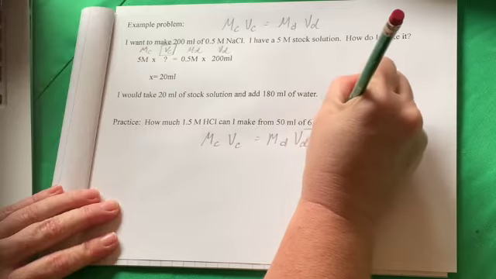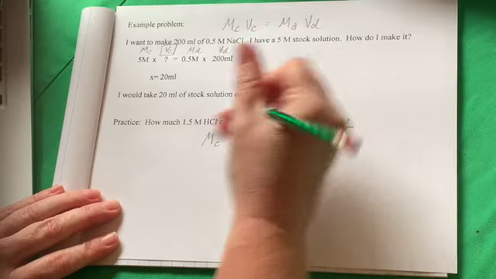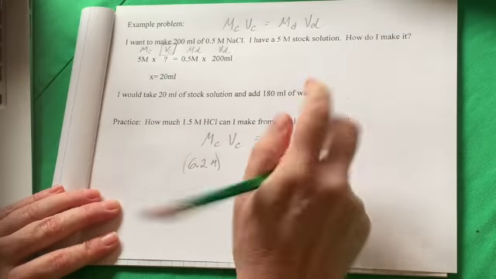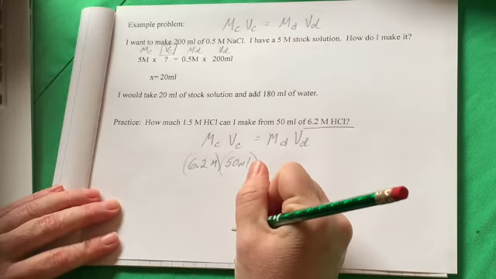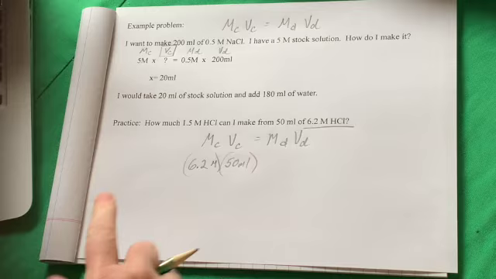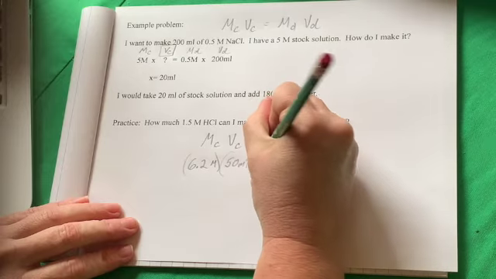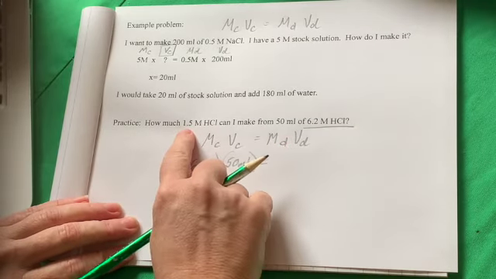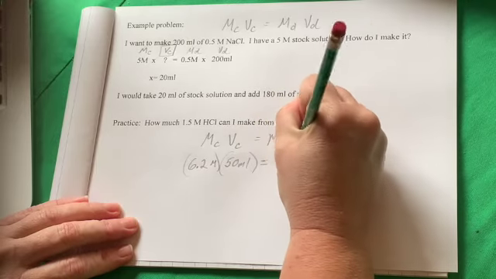Well, my 6.2 is my concentrated or stock solution. So that's going to go right here. I have 50 mils of that. No need to change this to liters, because the molarity is going to divide out and you'll be left with milliliters, which is totally fine. You don't need to convert that. You can if you want to, though. The concentration of the dilute is 1.5 molar.